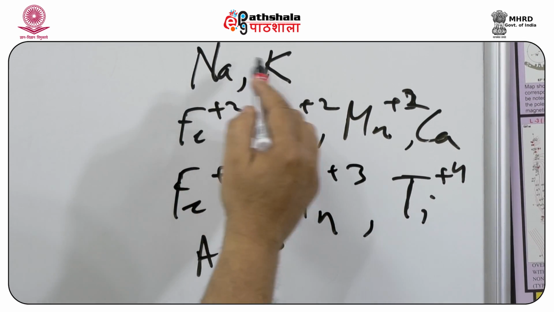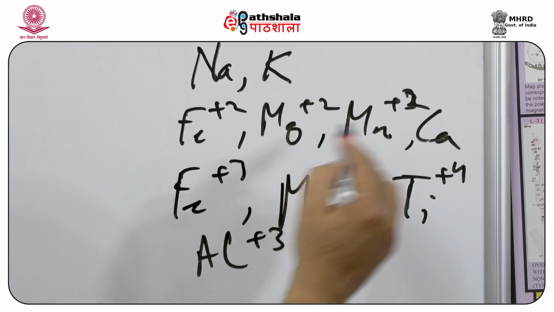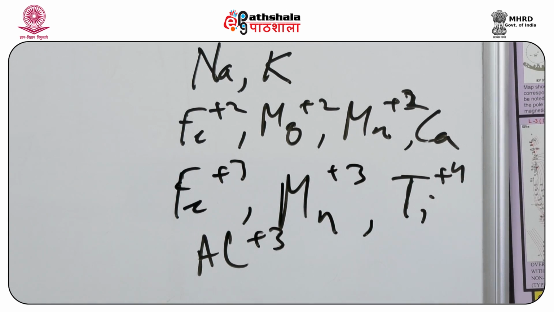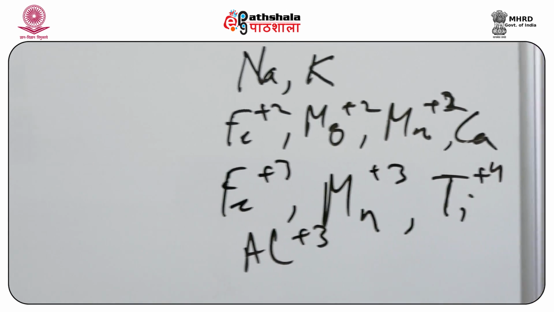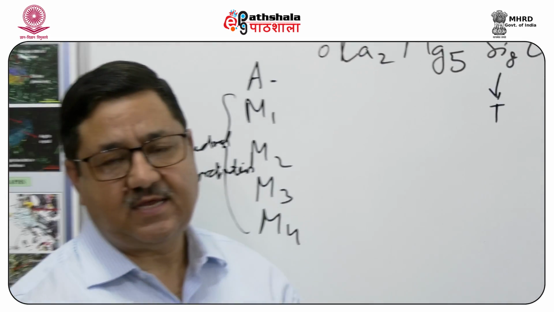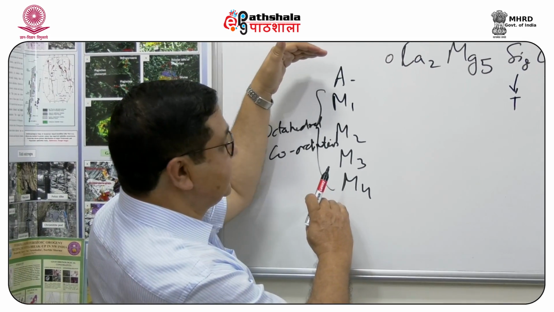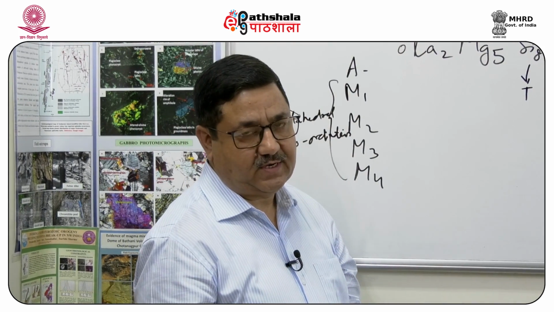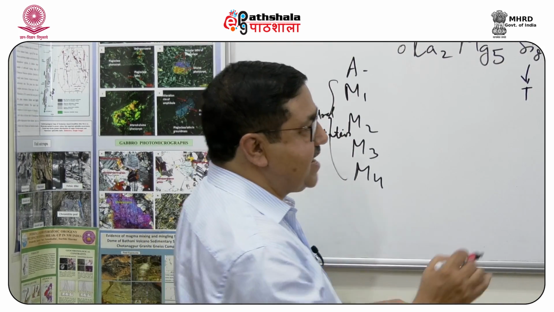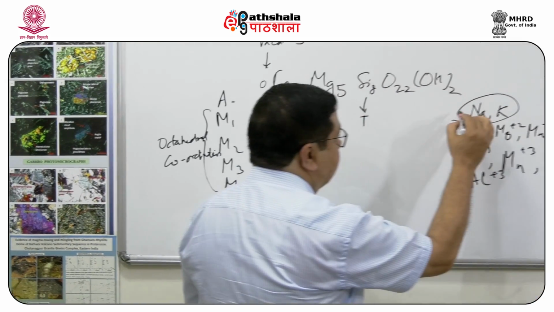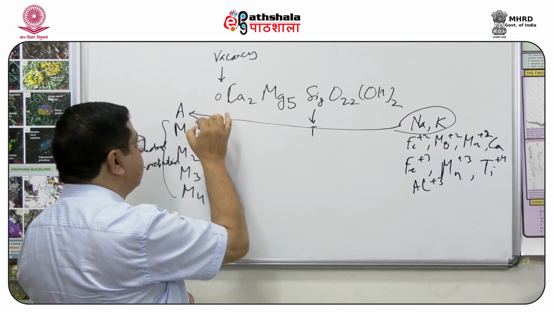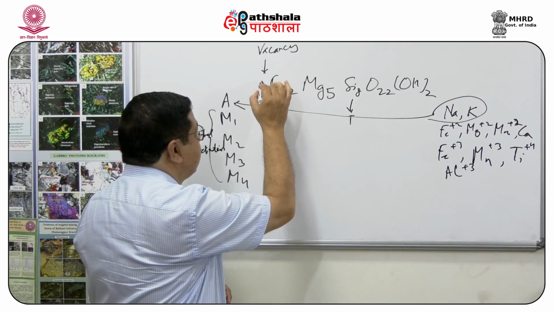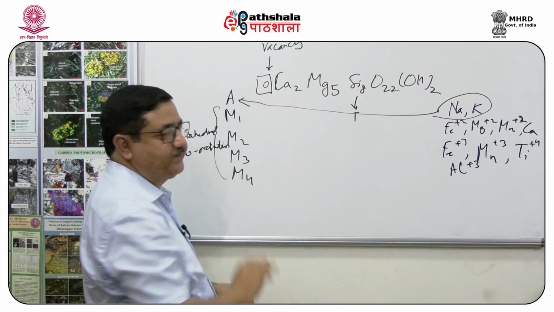So, we see that 1, 2, 3, 4, 5, 6, 7, 8, 9, 10 and more than 10 elements substitute for different elements, but the number of sites to which they substitute are limited. For example, the larger cations tend to go towards the A site, which is marked here as the vacant site.